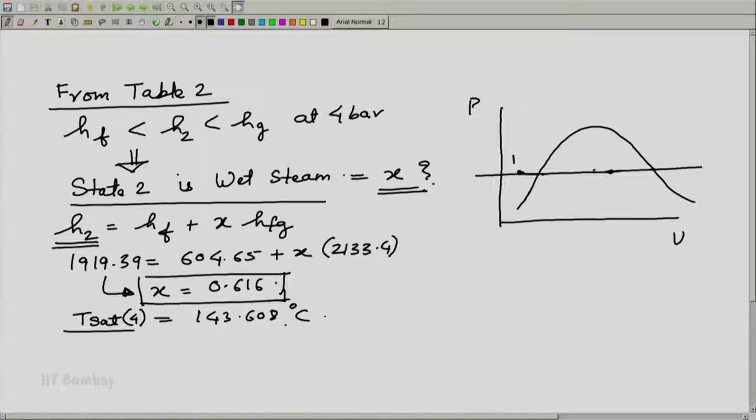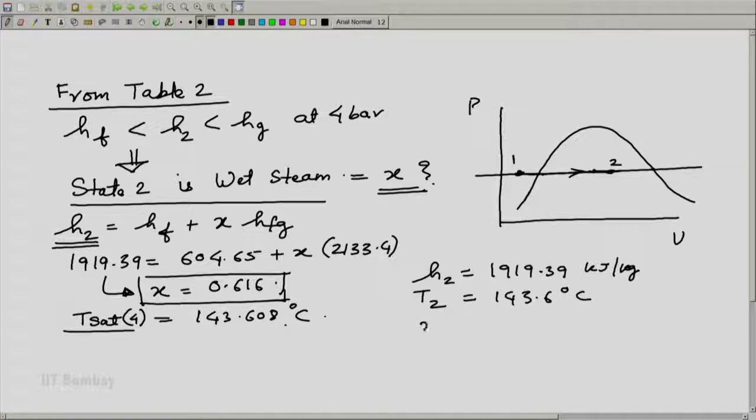So I can approximately say that this is the process I am talking about from 1 to 2, a constant pressure process, for which I will say at state 2 we have got H2 is equal to 1919.39 kilojoule per kg. I found out that T2 is equal to 143.6 degree centigrade, and I also found out that x is equal to 0.616, and this will be the answer of this question.